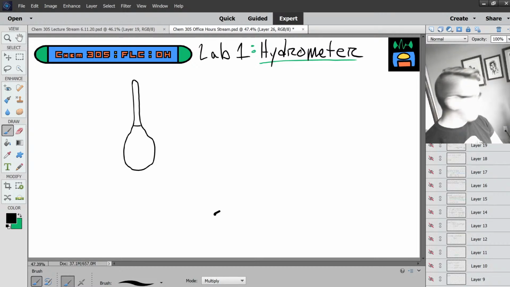And here it's got a bunch of markings. We're like right up at the top. Here, hang on.